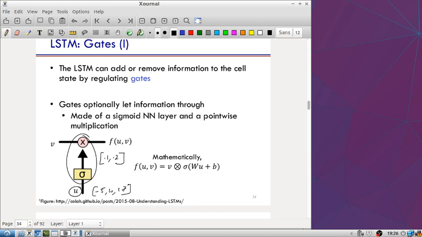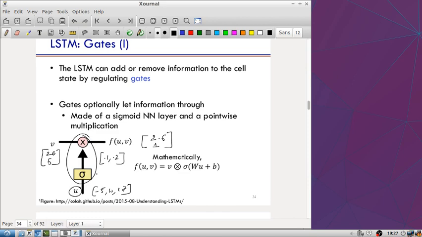Let's say the output is 2-dimensional. These numbers are between 0 and 1, and then whatever the V vector is, it's going to be element-wise multiplied. Let's say V is 26 and 5, then the output f of u, v is going to be 2.6 and 1.